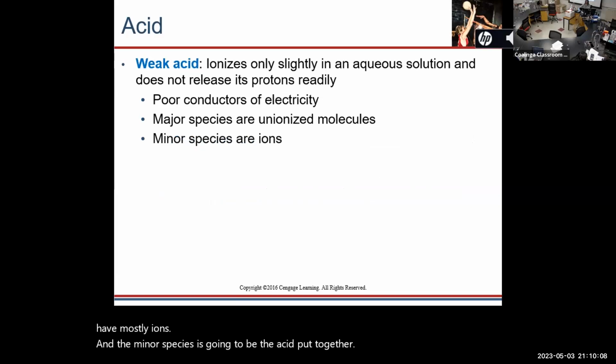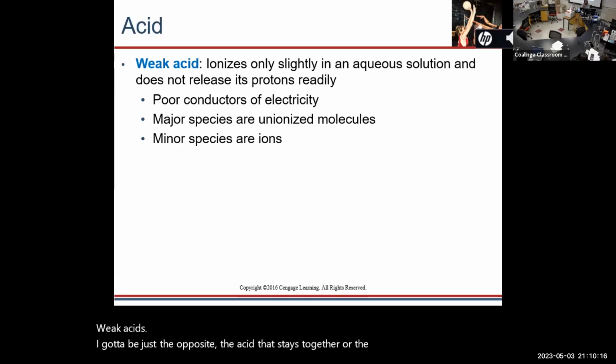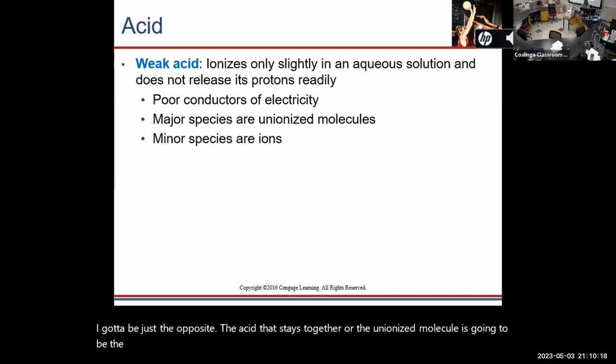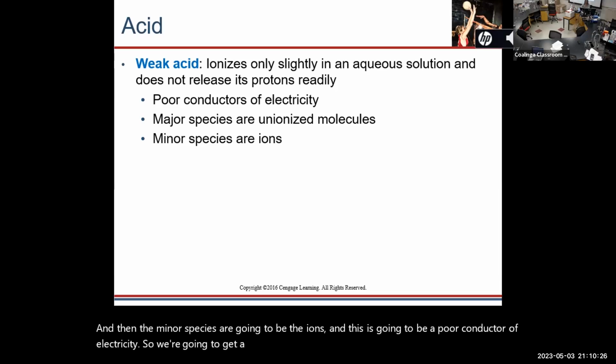Weak acids are going to be just the opposite. The acid that stays together, the unionized molecule, is going to be the major species, and the minor species are going to be the ions. And this is going to be a poor conductor of electricity, so we're going to get a very dim light.